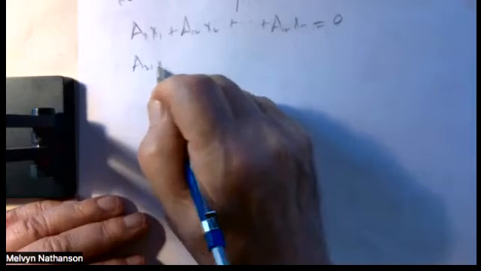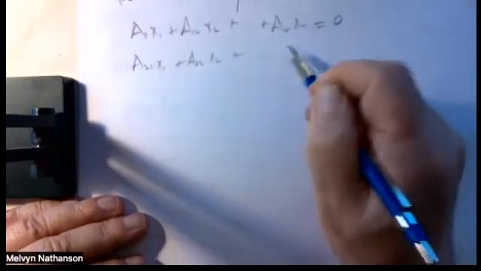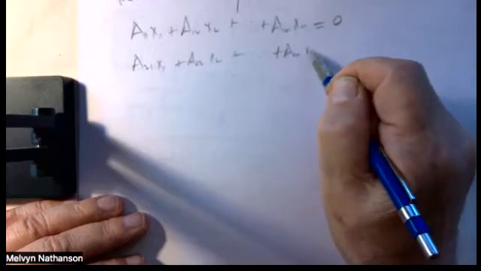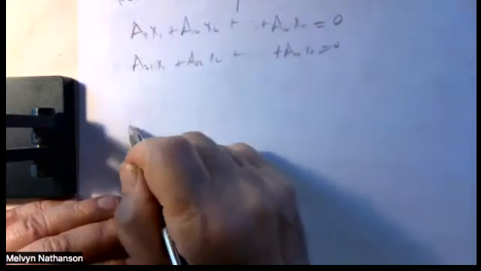And these equations are called homogeneous if the right-hand sides are all 0. So this is the first equation, and you have the second equation. And let's say altogether, you have m equations.